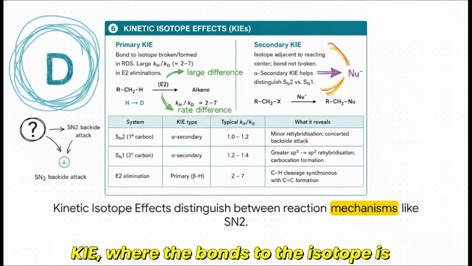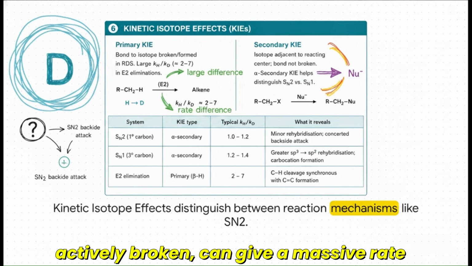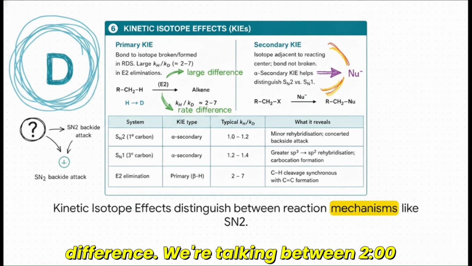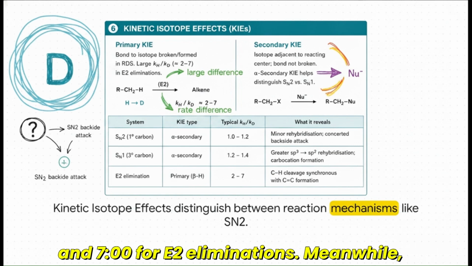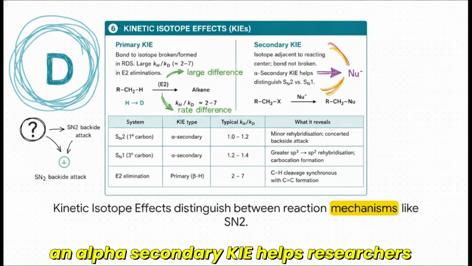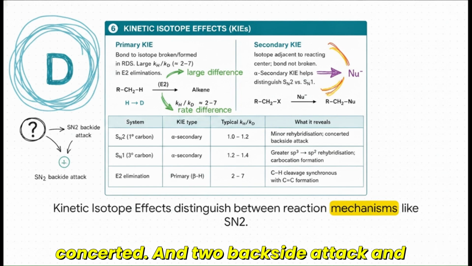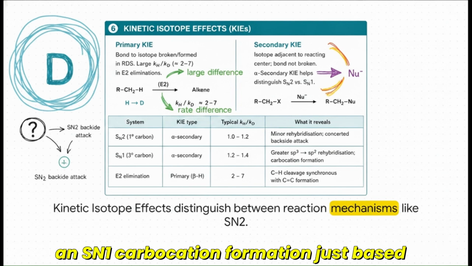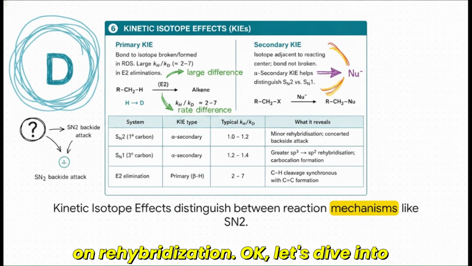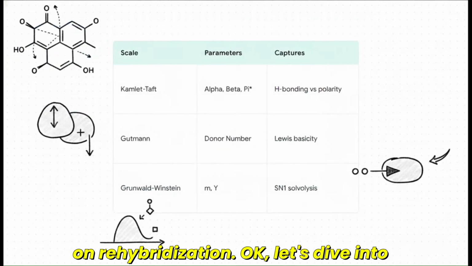A primary KIE, where the bond to the isotope is actively broken, can give a massive rate difference. We're talking between 2 and 7 for E2 eliminations. Meanwhile, an alpha secondary KIE helps researchers confidently distinguish between a concerted SN2 backside attack and an SN1 carbocation formation, just based on rehybridization.